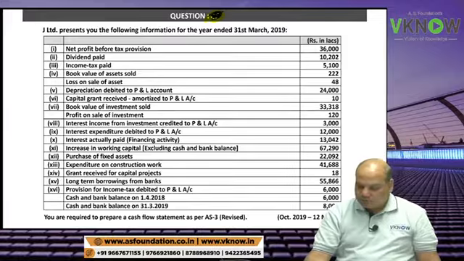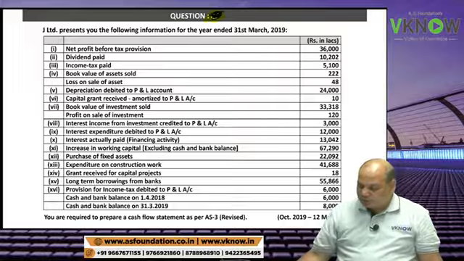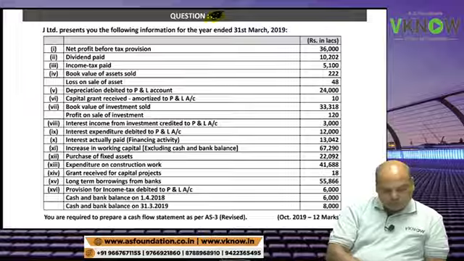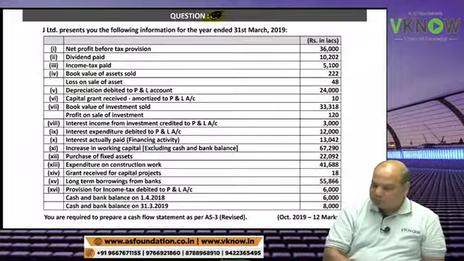Point number 5. Depreciation debited to P&L account, 24,000.